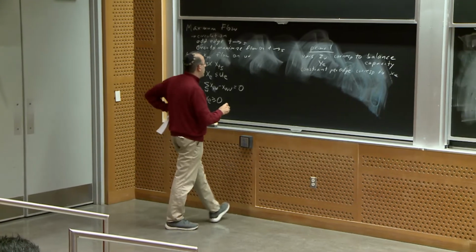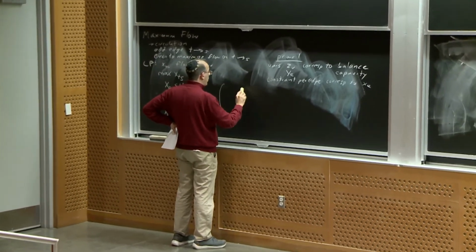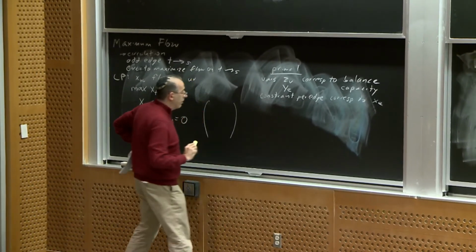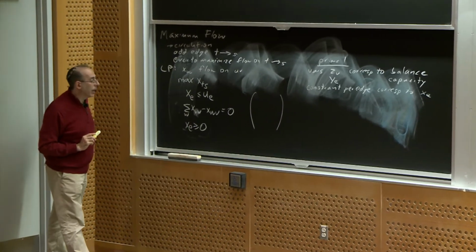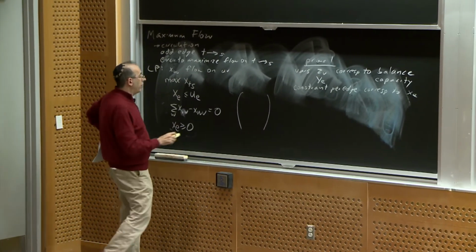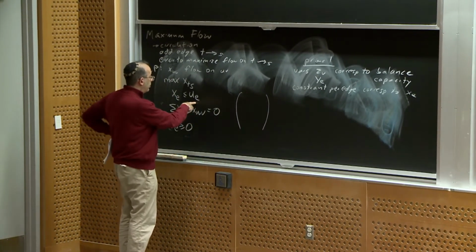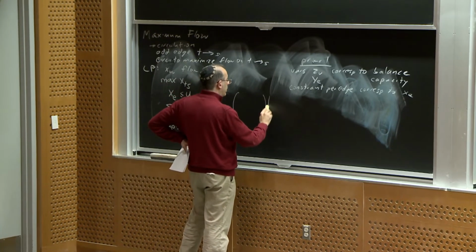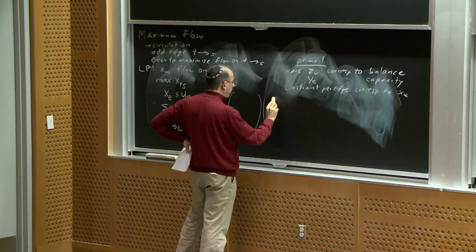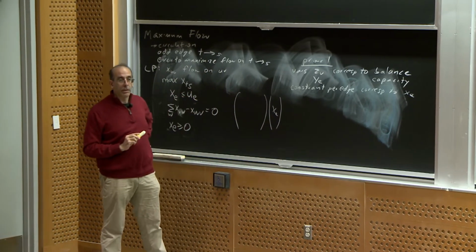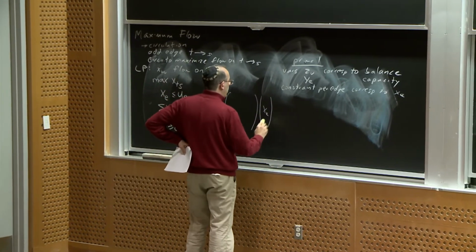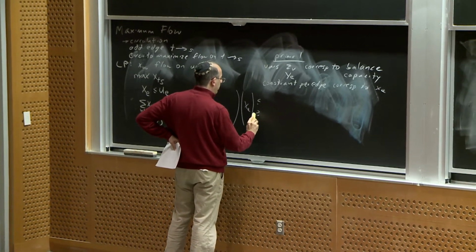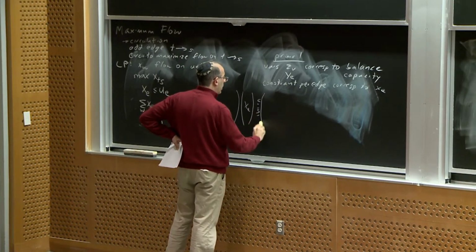Actually, at this point, it's sometimes helpful to start thinking about the matrix formulation of the constraints. So the constraint matrix of this dual is multiplying the vector of variables x sub e, and it has various constraints.